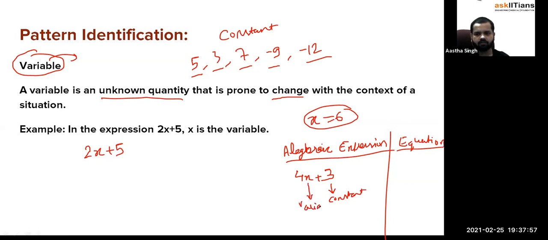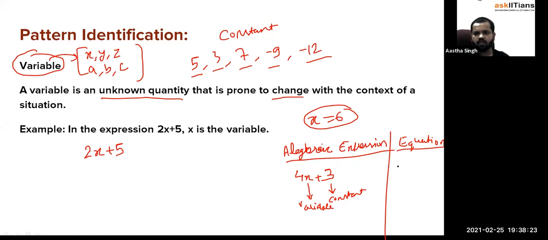Generally, in mathematics, we take variables as x, y, z, or a, b, and c. You can take any letter, t, m, n, any quantity, right? So it's basically a combination of variables and constants.